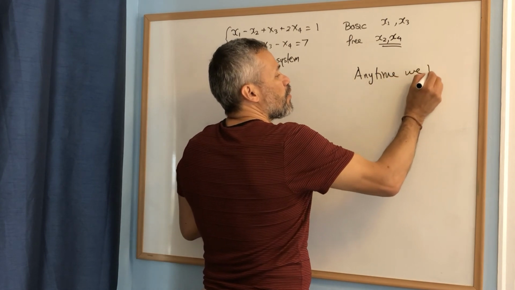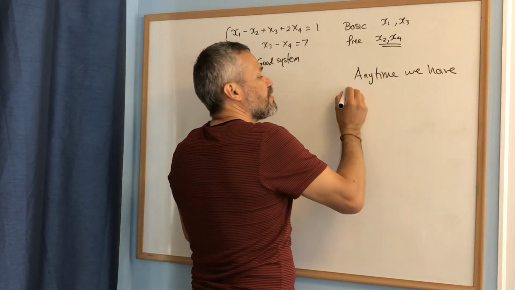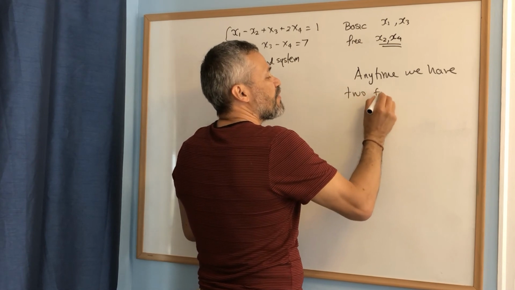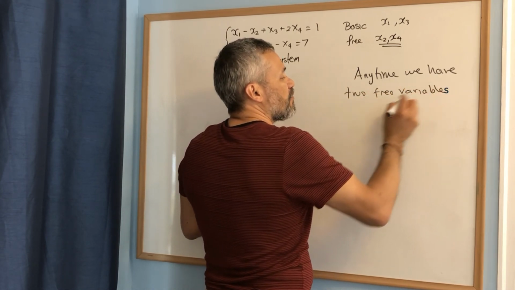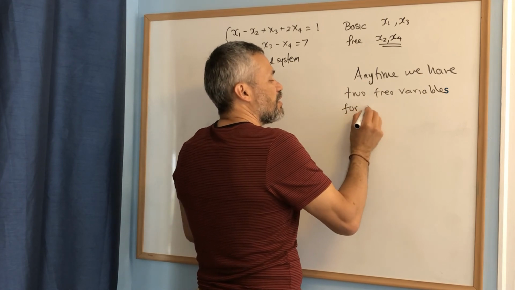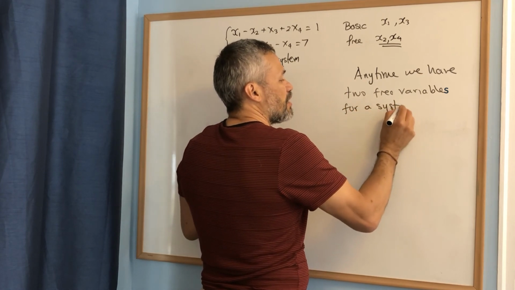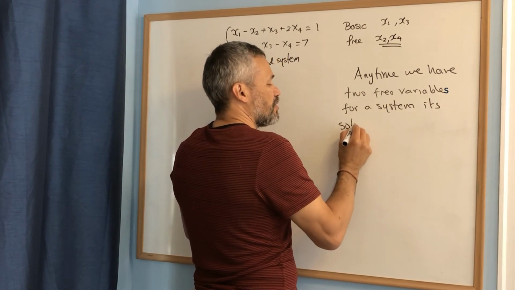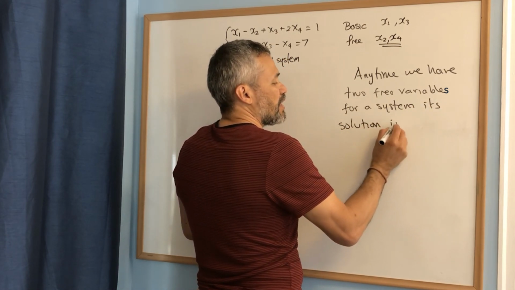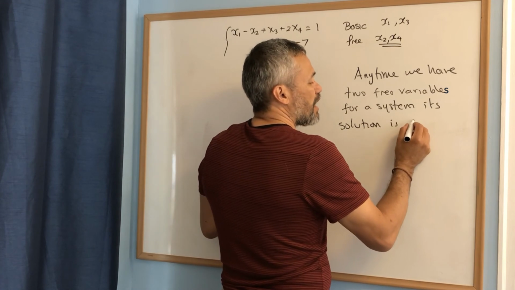Then when we have two free variables, let me just write that. Anytime we have two free variables for a system, its solution is a plane.